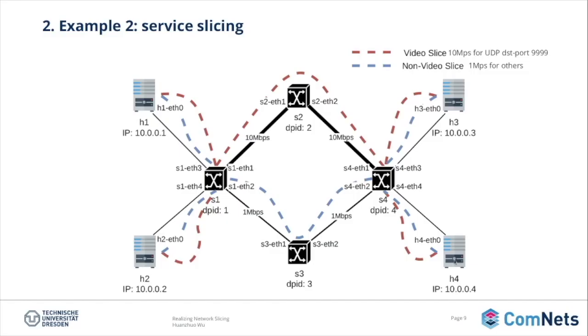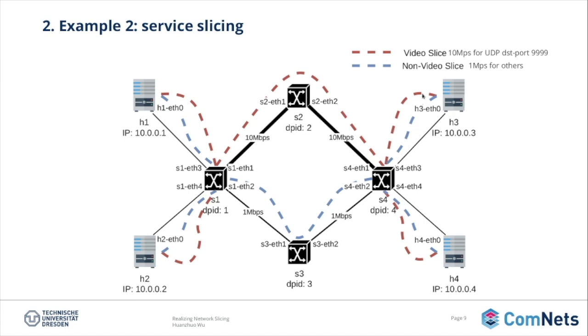In the first example, the physical topology of a networking infrastructure is sliced. In the second example, the logical network service is going to be sliced. As illustrated in this figure, two types of slicing are defined. The first one is the video slice, shown in the figure as the red part.